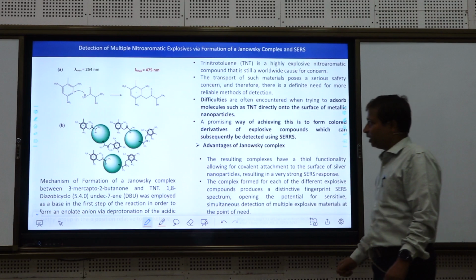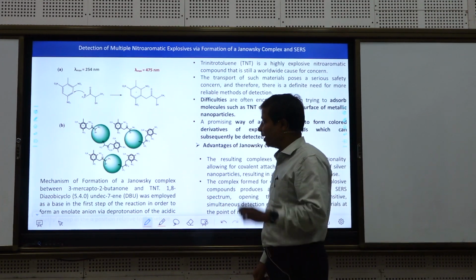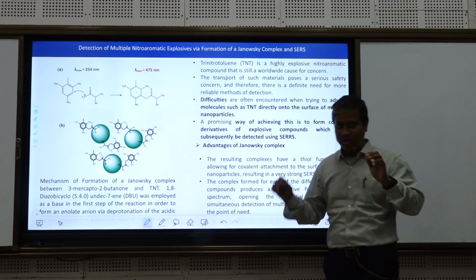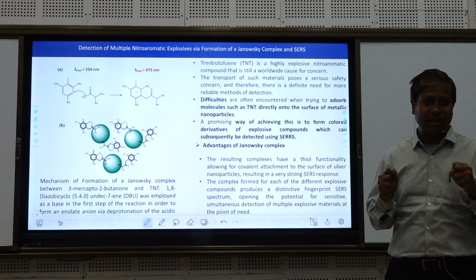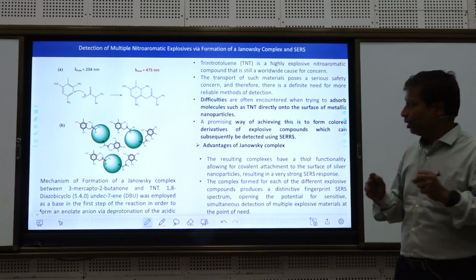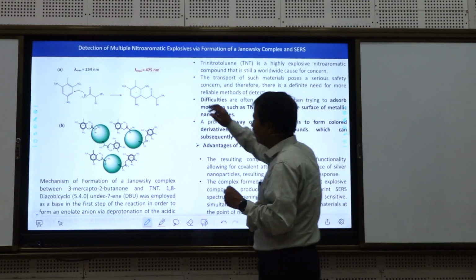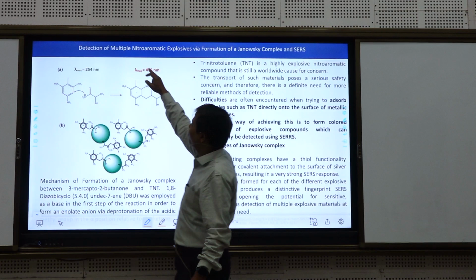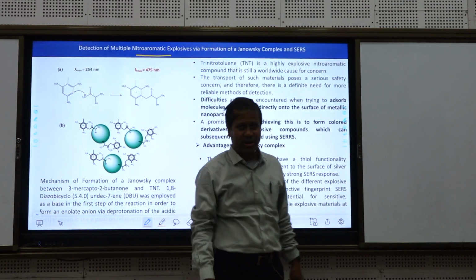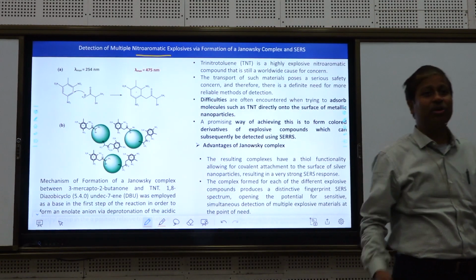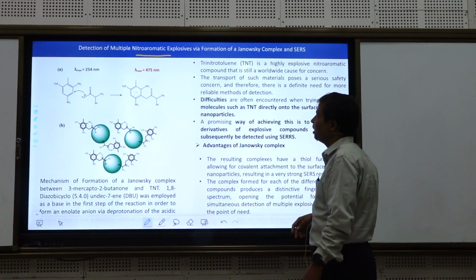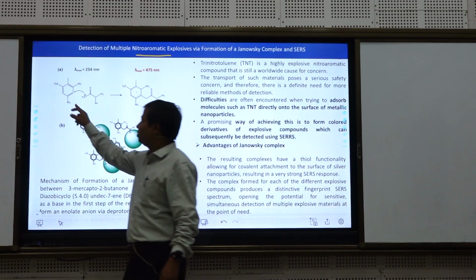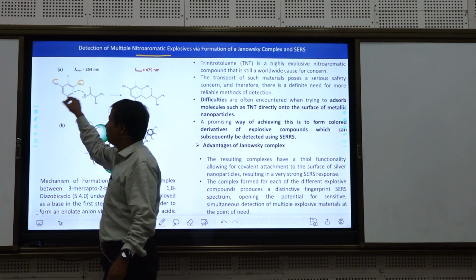This one is another interesting one. Why is it interesting? Because through this technique, you don't directly detect the explosive. It is written, detection of multiple nitroaromatics. You know, there are some nitroaromatics which are explosive. TNT is also one of the nitroaromatics. This is the three nitro groups on a toluene.